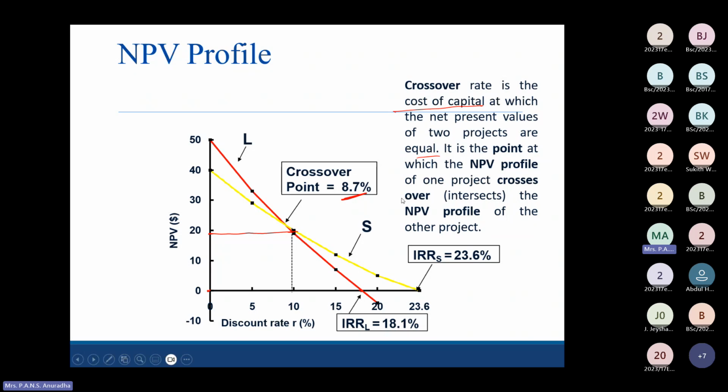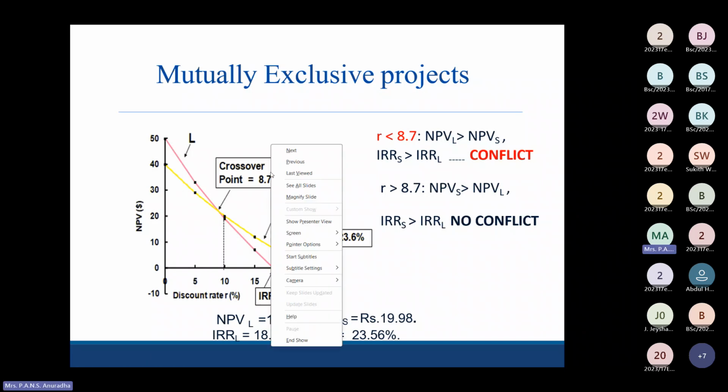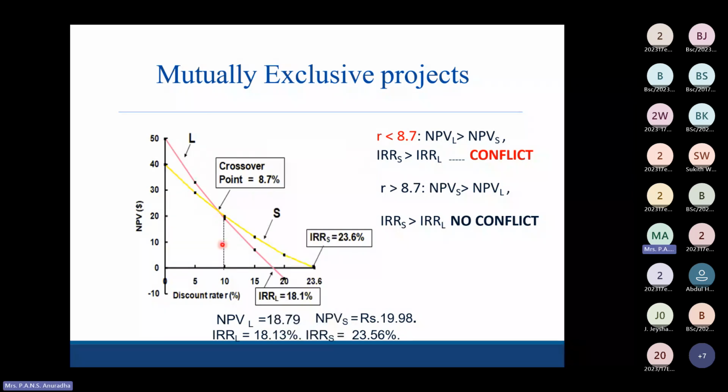So what is the problem here? If you look at the same diagram, when the cost of capital is less than the crossover rate in this range, this is the crossover rate, 8.7. So when the cost of capital, in this range, is less than the crossover rate, there is a conflict. Why?